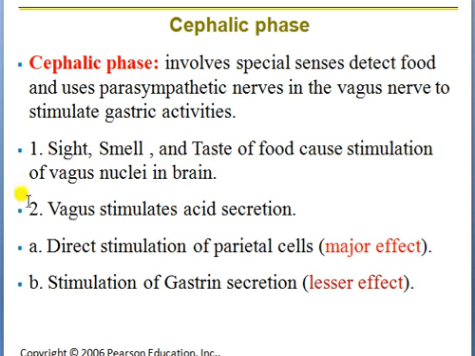Food causes stimulation of the vagus, making the brain automatically stimulate acid secretion, then the parietal cell secretes HCl. The vagus stimulates parietal cells and G cells. G cells secrete the gastric hormone, and the gastric hormone increases the HCl production.